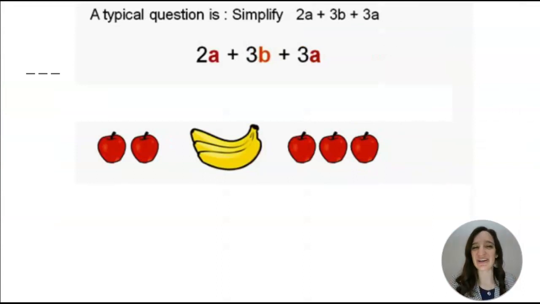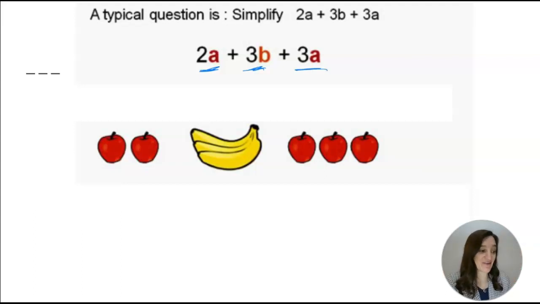Here's how it'll look in math. You might see a question like this. It will say simplify 2a plus 3b plus 3a. That's like saying, we have 2 apples, 3 bananas, and 3 more apples. How could we combine those to simplify and make that expression shorter?